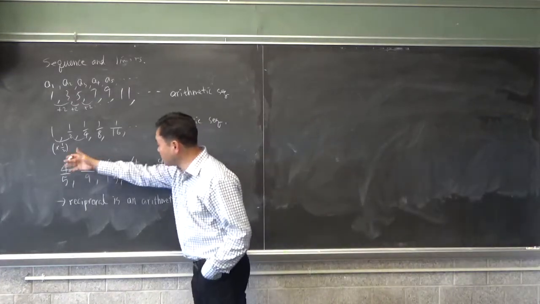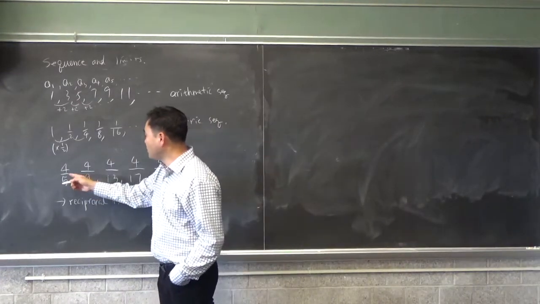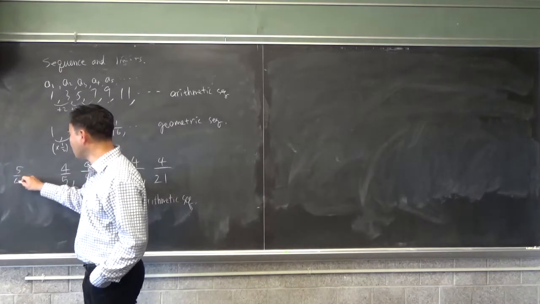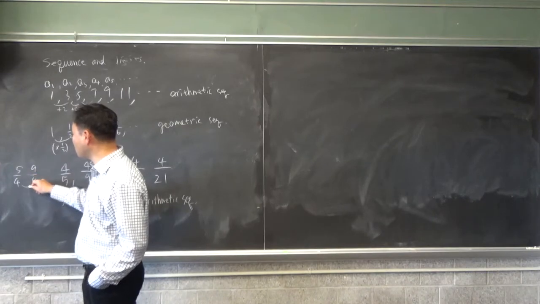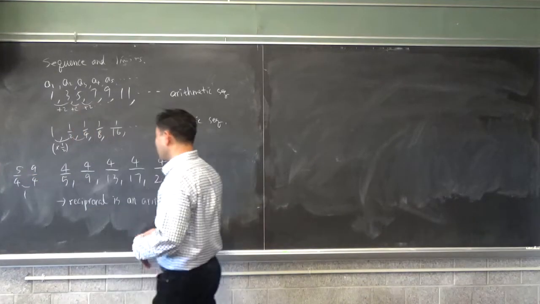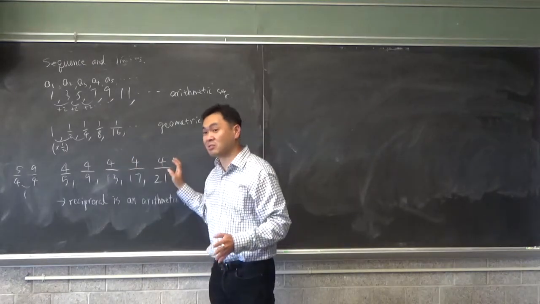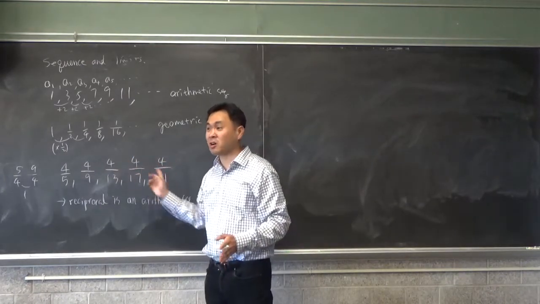Flip, flip, flip, and then you see that 5/4 and 9/4 differ by just one. So if you take the reciprocals, you see that it's an arithmetic sequence with 1 as the common difference.